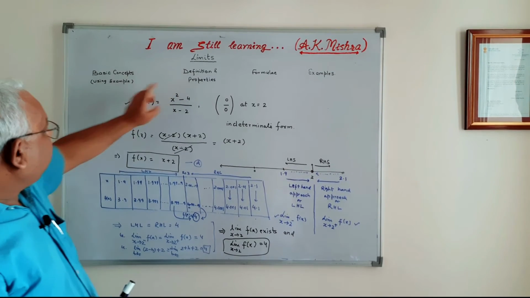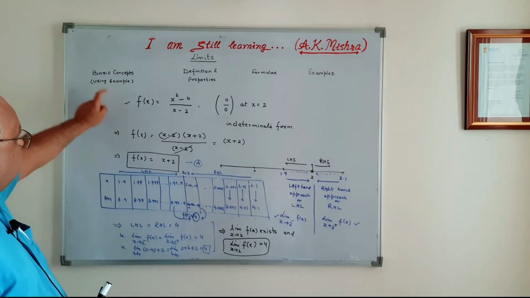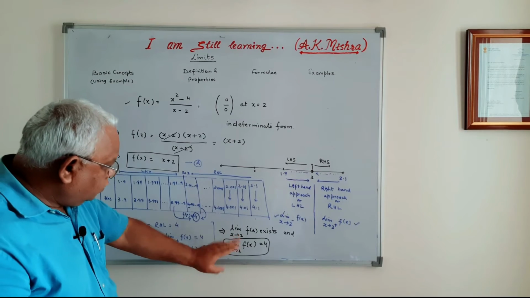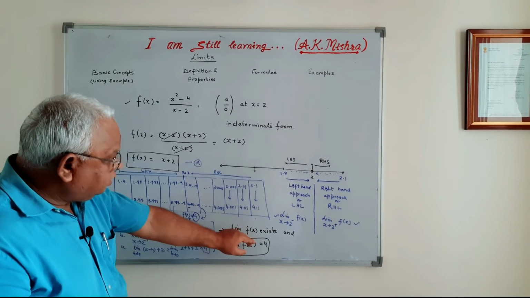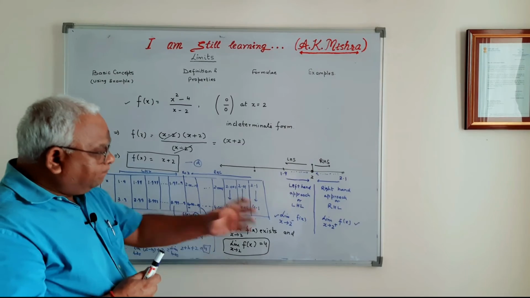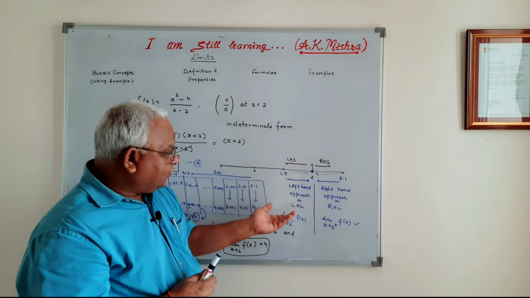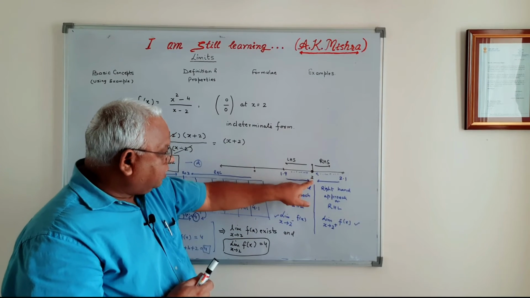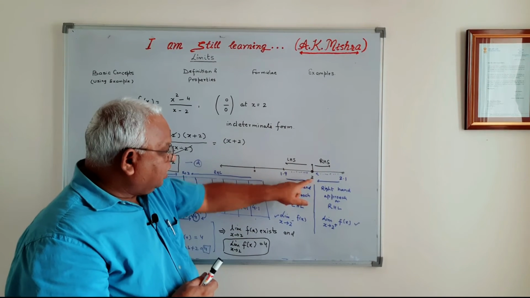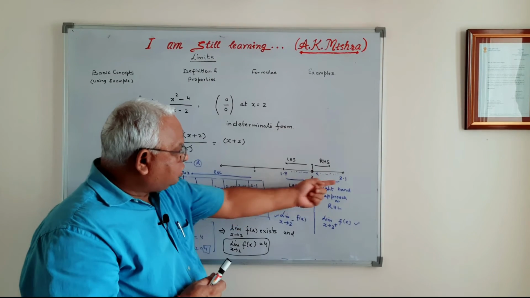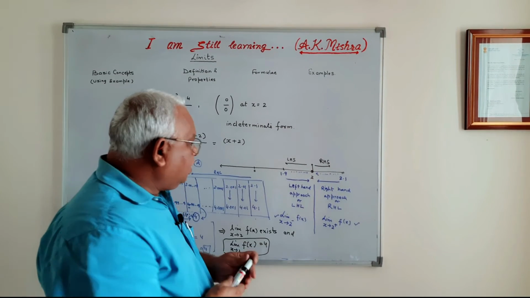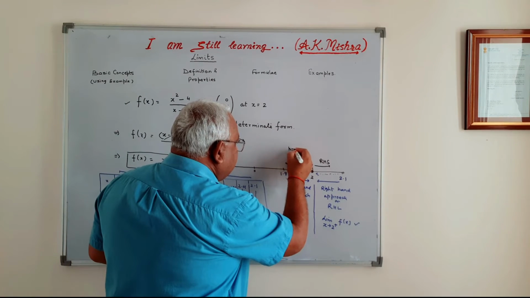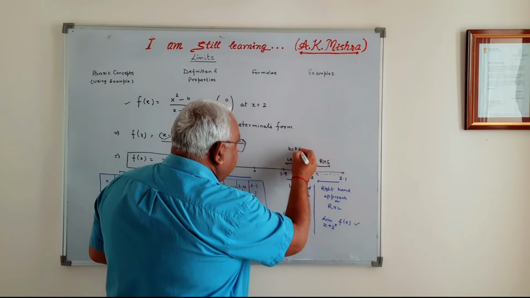I have taken an example to make you understand the concept of how the limit takes place and what basic thing you need to discuss when you are talking about limit. When you are talking about limit at a certain point, you need to discuss left hand approach and right hand approach, and in this case I have taken the value of h as 0.1.